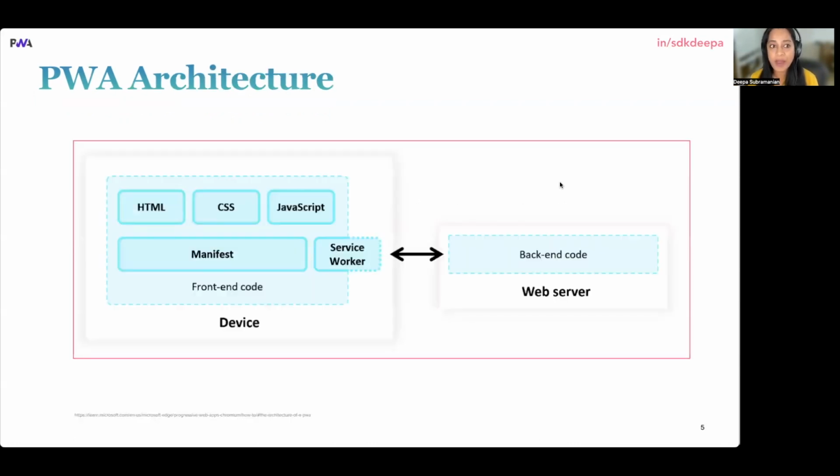Here's a progressive web app architecture. If you see in this architecture, you have a couple of things added to it. One is a manifest, and the other one is a service worker, which is constantly fetching information from the web server.